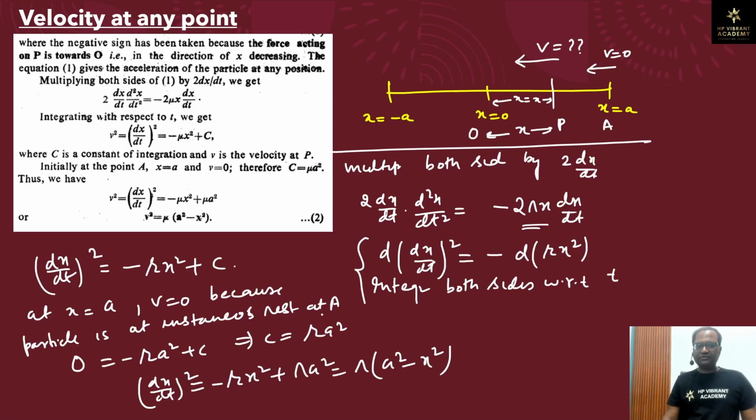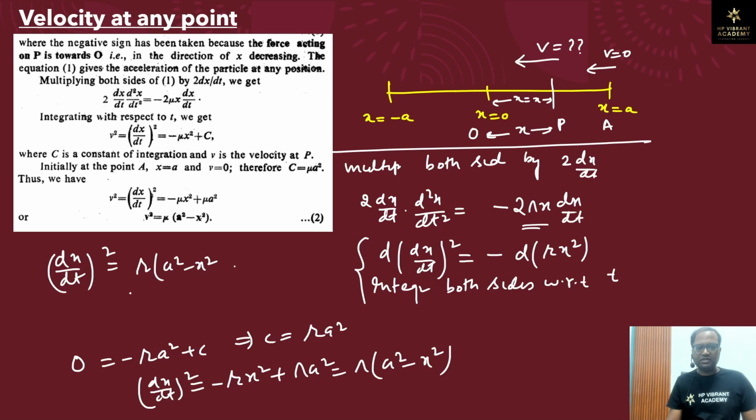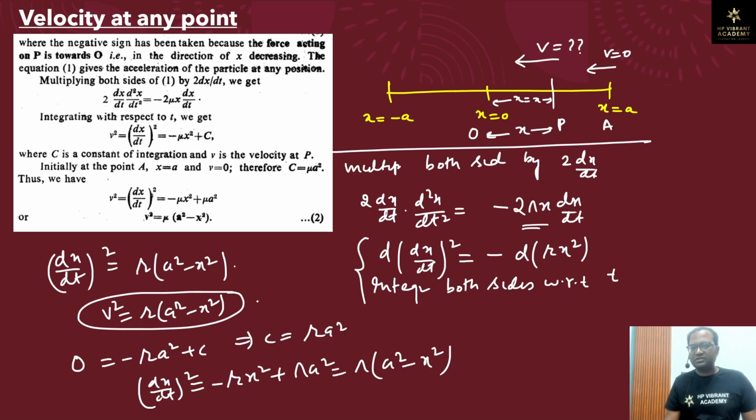So we have v square is equal to mu times (a square minus x square), which is the velocity at a distance x from the center of force.